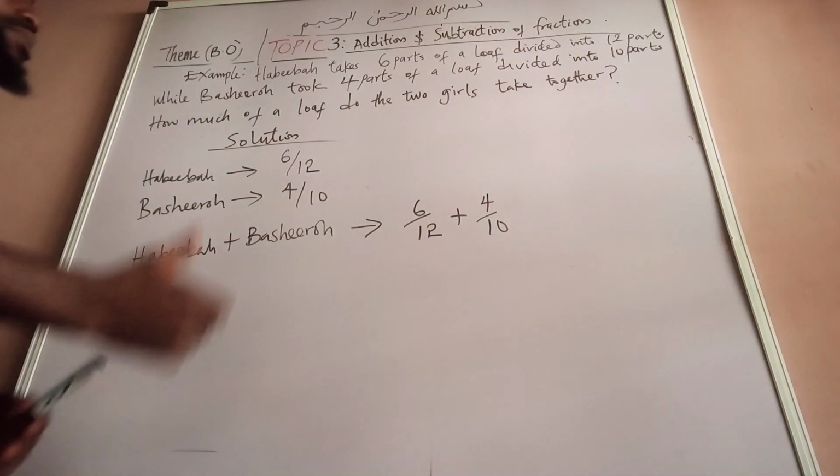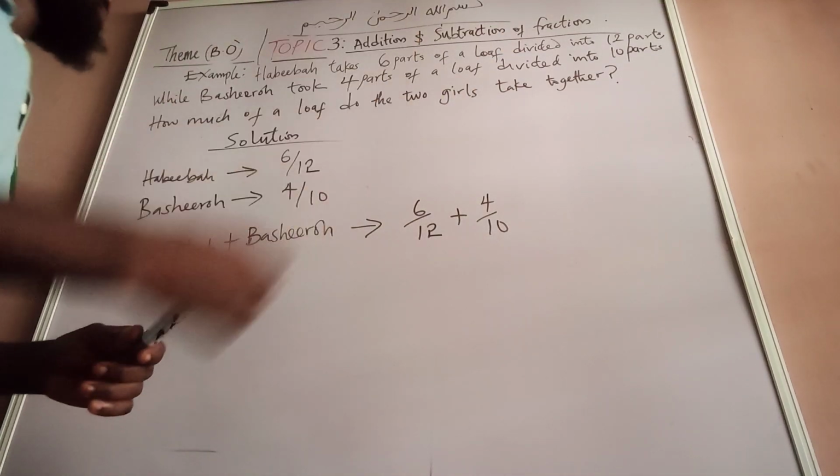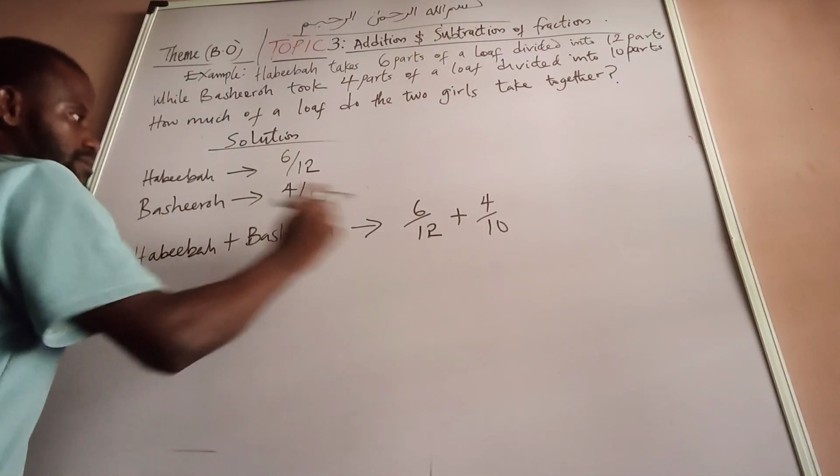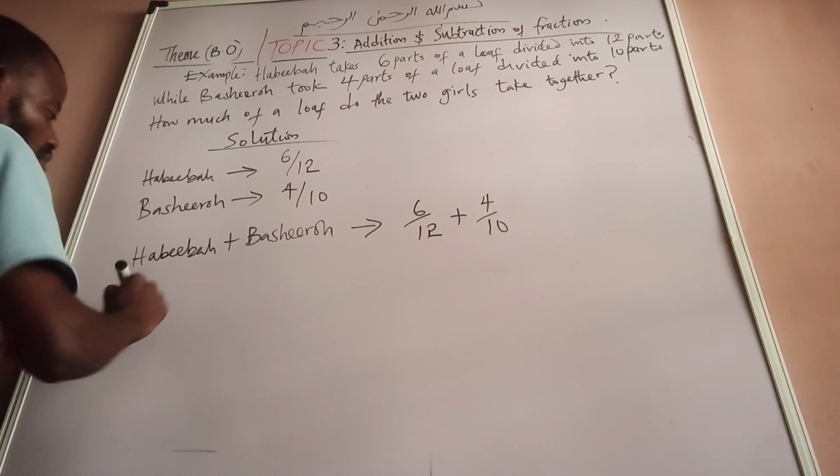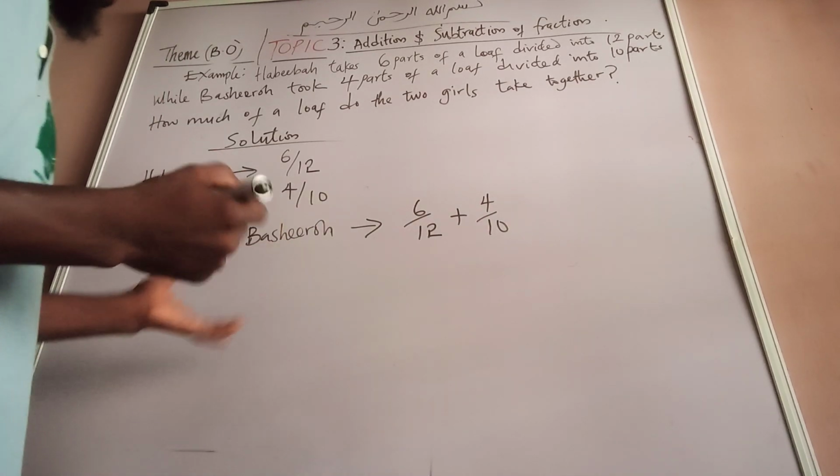When we talk about LCM, lowest common multiple, let's start with 12. What are the multiples of 12?